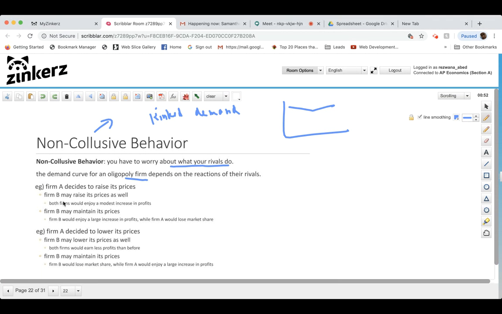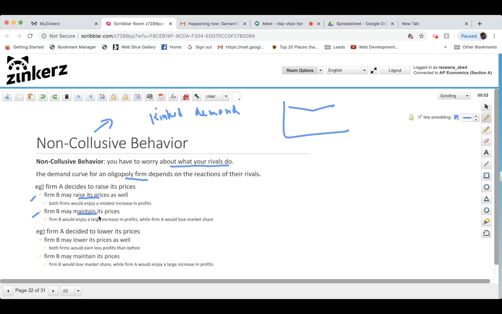So this is how they have to watch out and keep watch on what their competitor is doing. Let's say we have two farms, farm A and farm B. If farm A decides to raise the price for its product, farm B has two options. They can either raise the price as well, or they can maintain the price that they had.